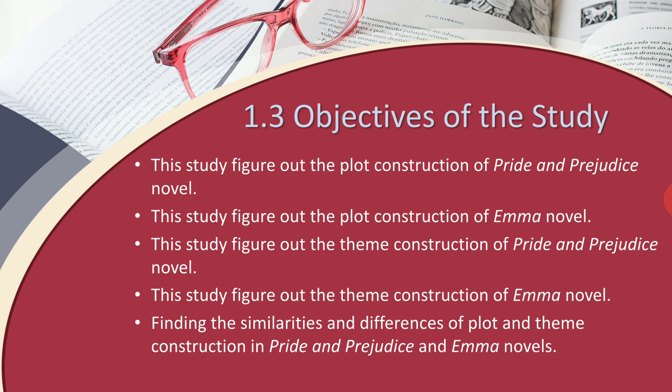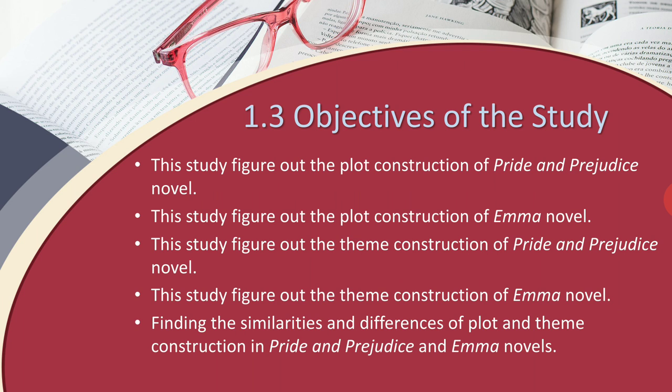The objective of the study, there are 5 points that you could read on the screen, starting from the first to number 5. This study figures out the plot construction of Pride and Prejudice novel. The study figures out the plot construction of Emma novel.